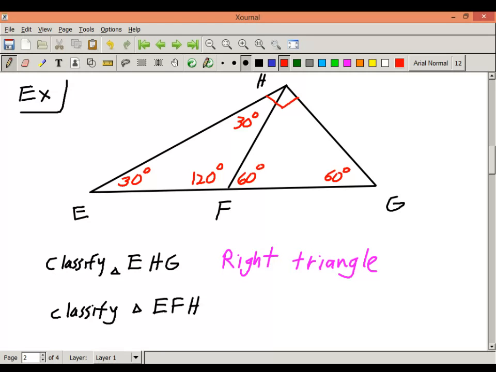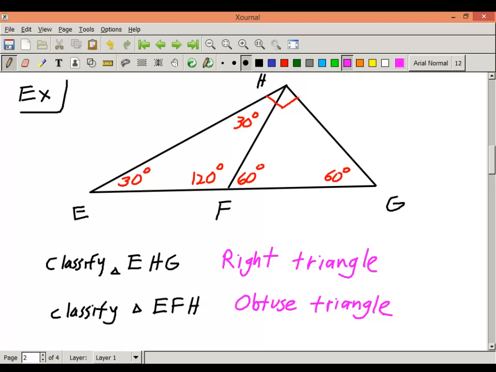So we know that angle EFH is 120, and that makes triangle EFH an obtuse triangle. So that's all there is to it. You just have to be able to classify the triangles based on their angles.